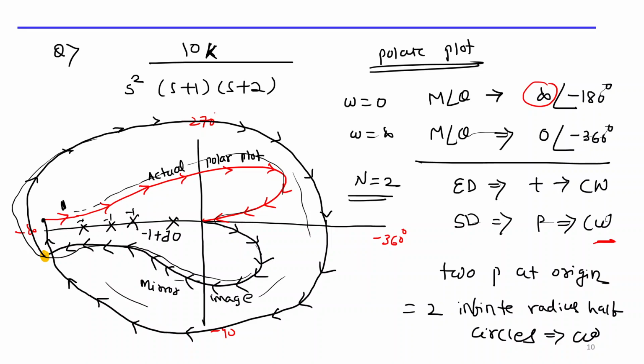Zero, can it be? Zero, because there are no poles on the right hand side by looking at this question. But we cannot conclude the system stability from the open loop transfer function, because system stability is always defined for the closed loop system. So if you quickly draw the Nyquist plot and find the closed loop system stability by taking a unity feedback system, then definitely you will get 2 poles on the right hand side. So that's why the system is unstable.